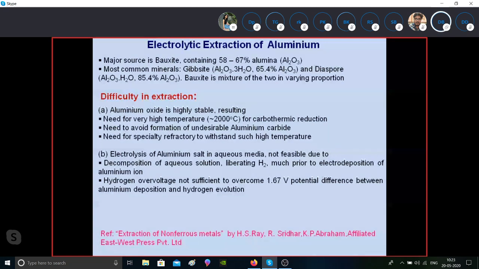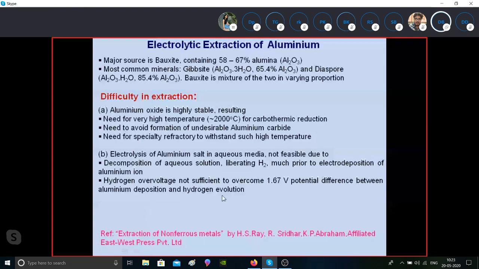I wish you had certain coverage on electrometallurgy, but forget about it for the time being. Just take a note that hydrogen overvoltage is not sufficient to overcome the 1.67 potential difference between the electrolyzation of water and the electrolyzation of alumina.